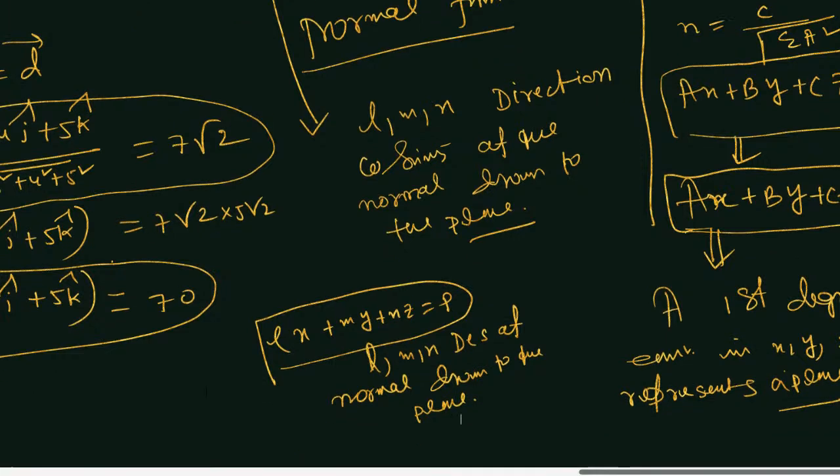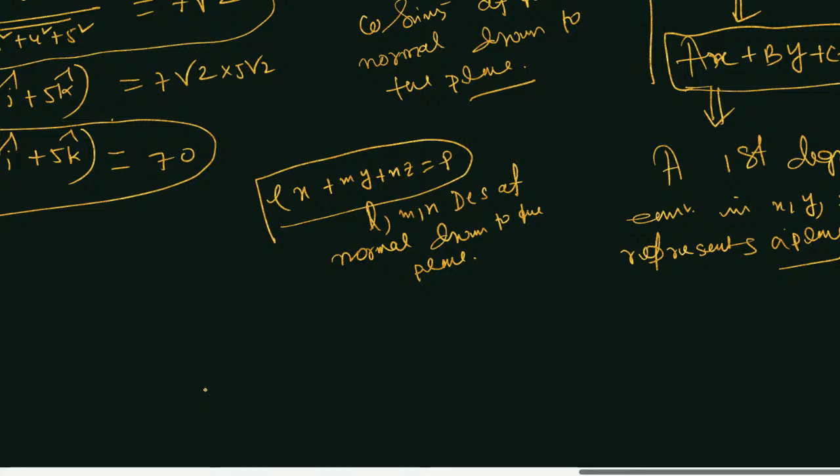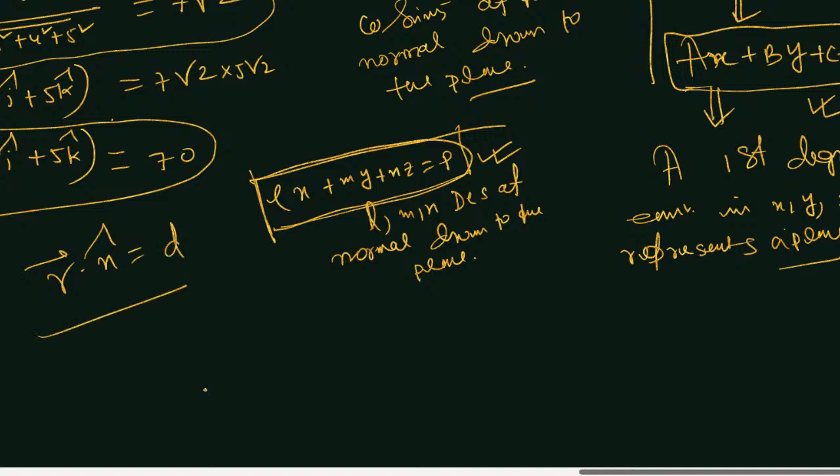And what about p? p is the length of the perpendicular from the origin. I am just telling you because in some books you will find it. So either this equation of the plane or the vector form r dot n cap equal to d. So far we have learned these three equations of the plane.